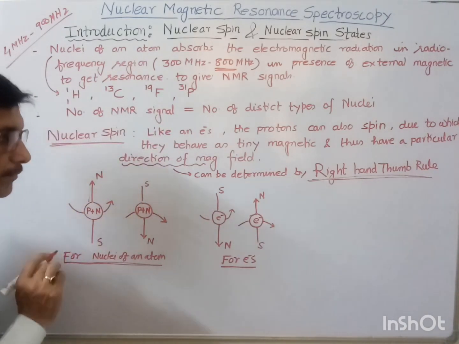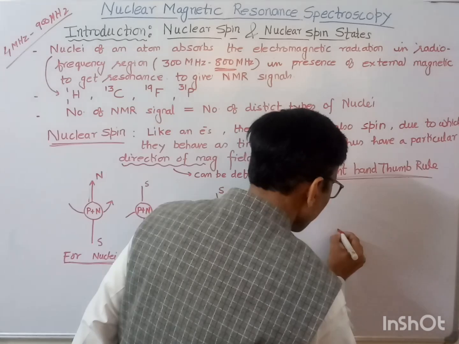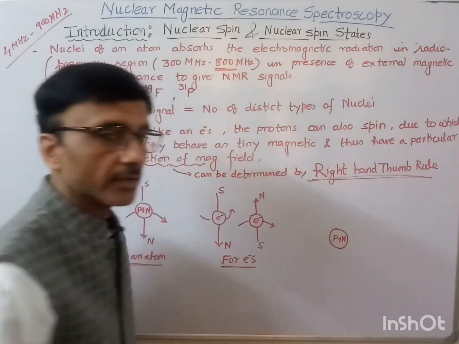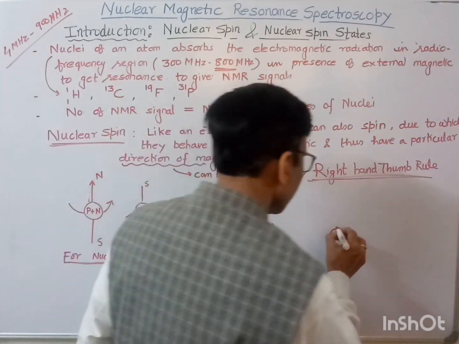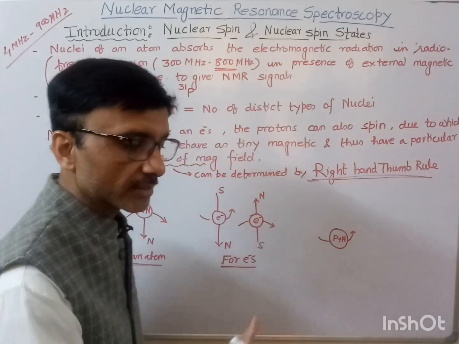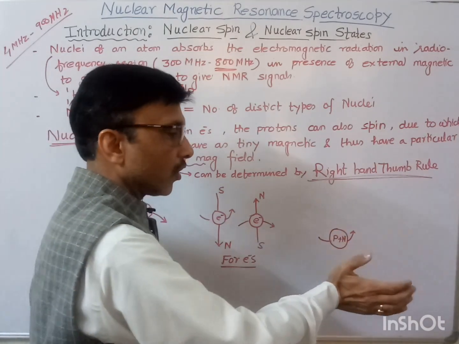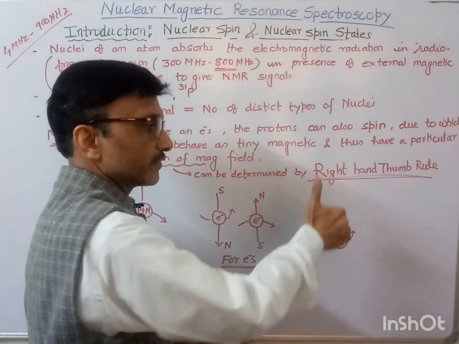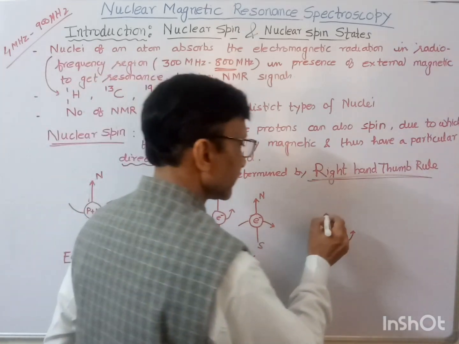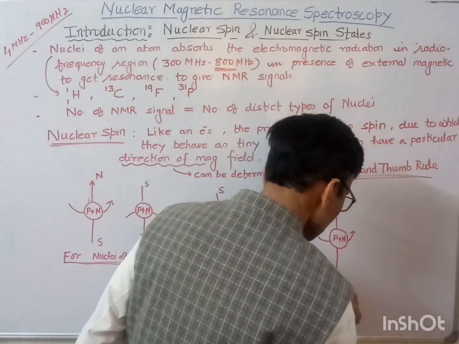Suppose we have a nucleus containing protons and neutrons, and it is rotating in an anti-clockwise manner, like this. This is the rotation of the palm, which is the rotation of the nuclei. Then the thumb is the direction of our magnetic field. This is north and this would be south.